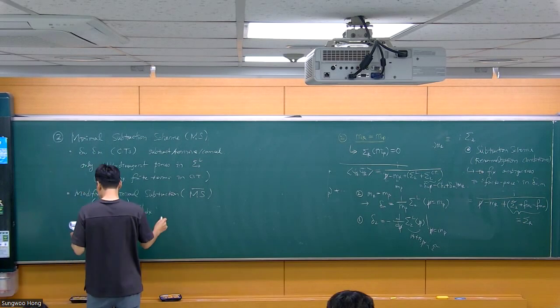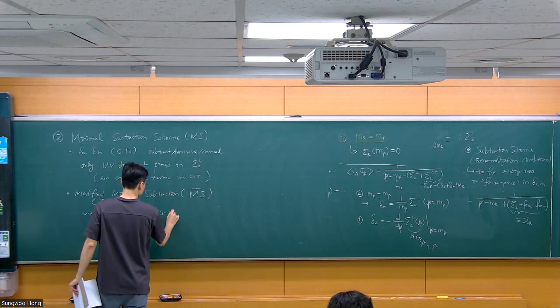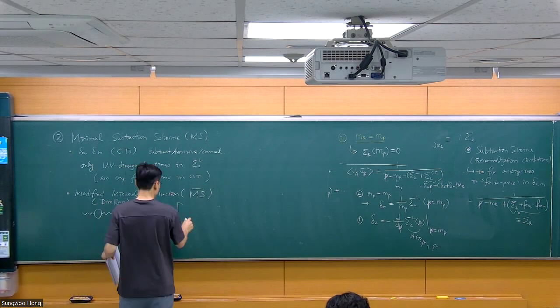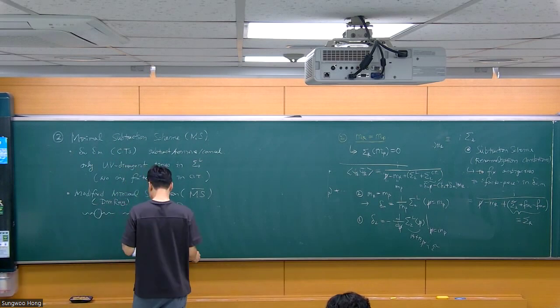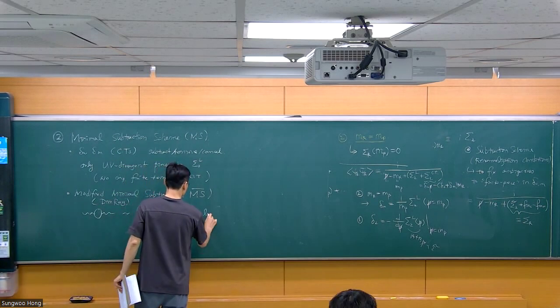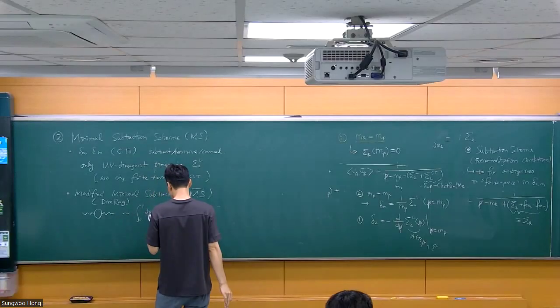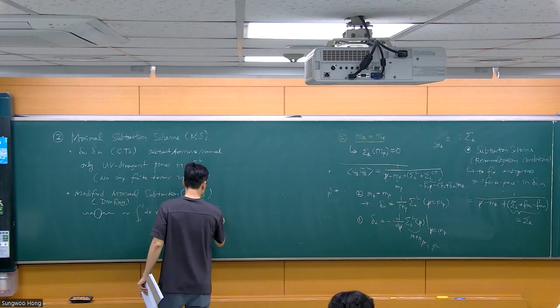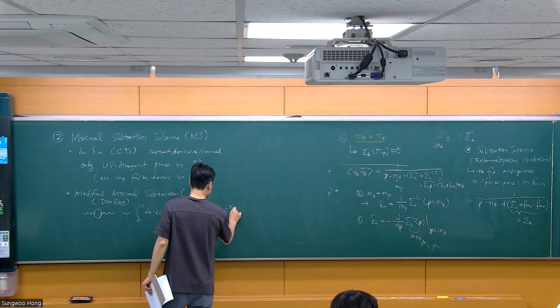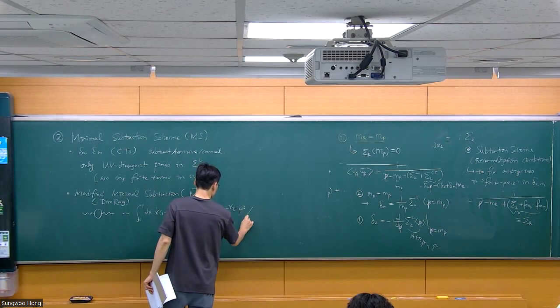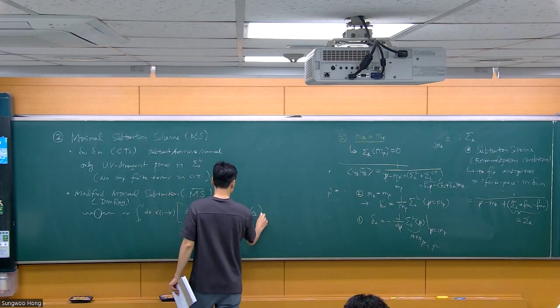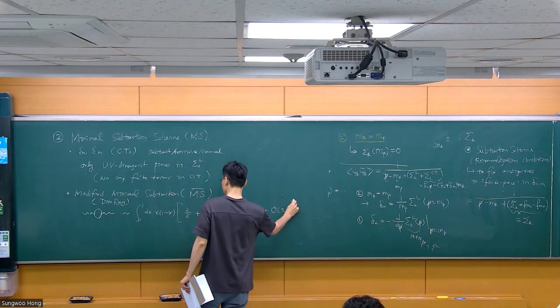The computation is not the key here. So this thing had a 2 over epsilon, and then log of 4 pi e to the minus gamma_E mu squared over delta, plus 4 epsilon.